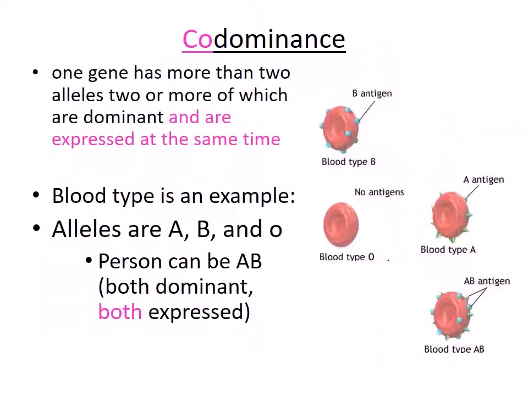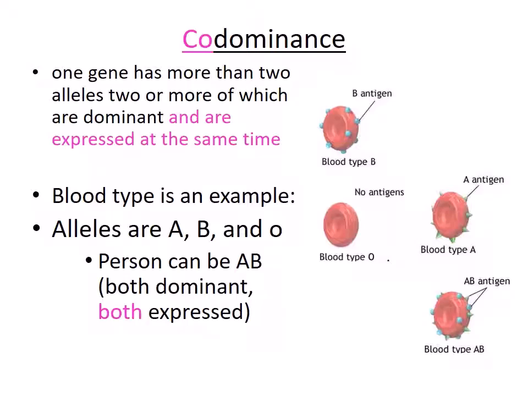Codominance: co means together, right? We talked about covalent bonds, or cooperating, where you operate together. With codominance, you've got a gene with more than two alleles, and at least two of those alleles are dominant, and when they're both there, they're expressed at the same time. The hallmark example of this is ABO blood type.